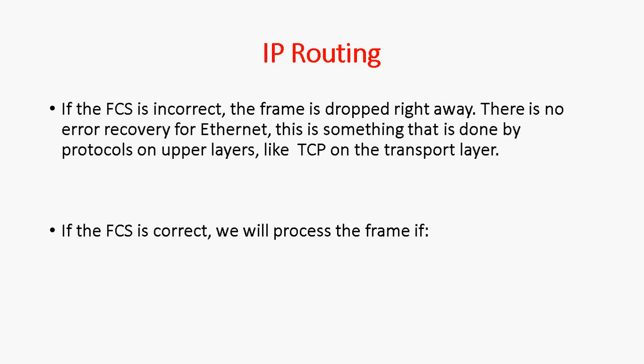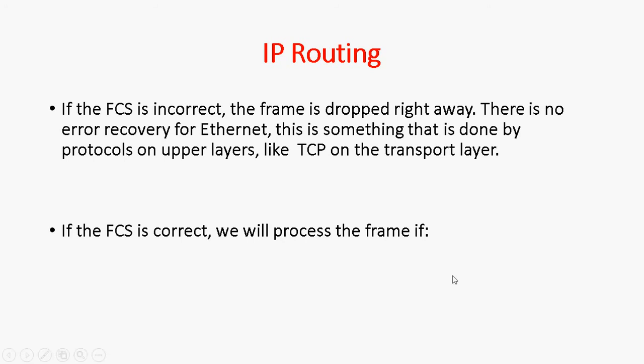There is no error recovery for Ethernet. That is done by protocols on upper layers like TCP on the transport layer. In TCP we have an error recovery feature, but in the Ethernet frame header there is no error recovery, so the frame is dropped right away.